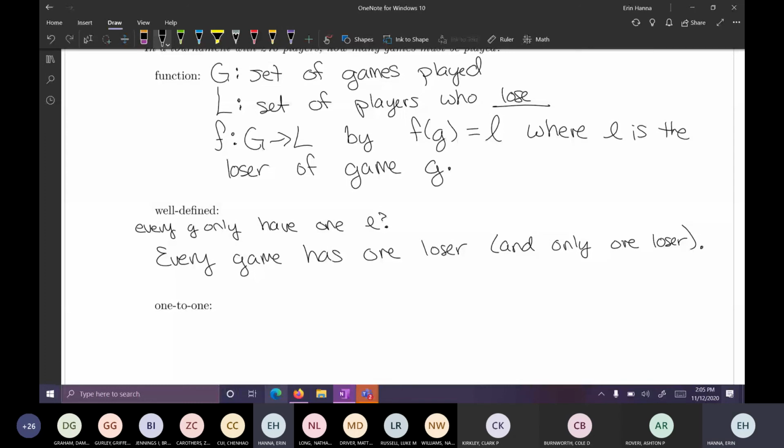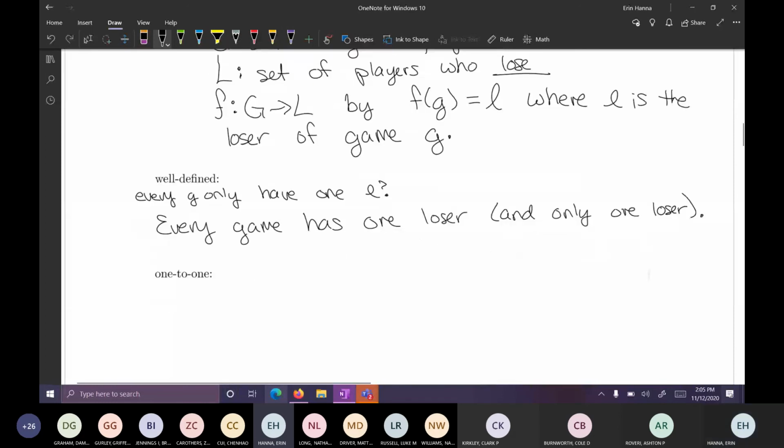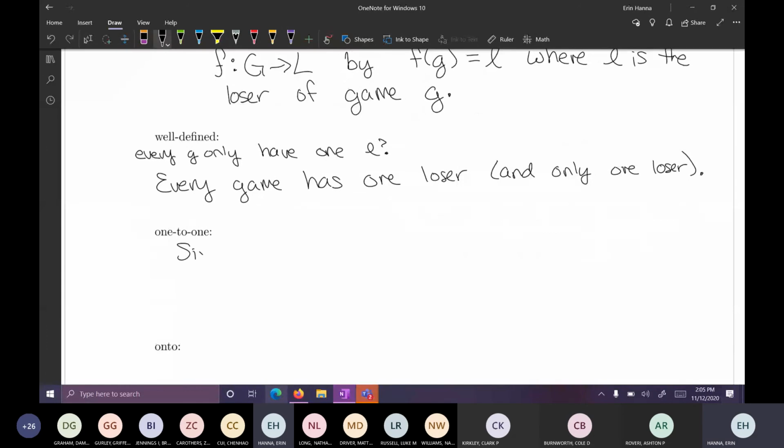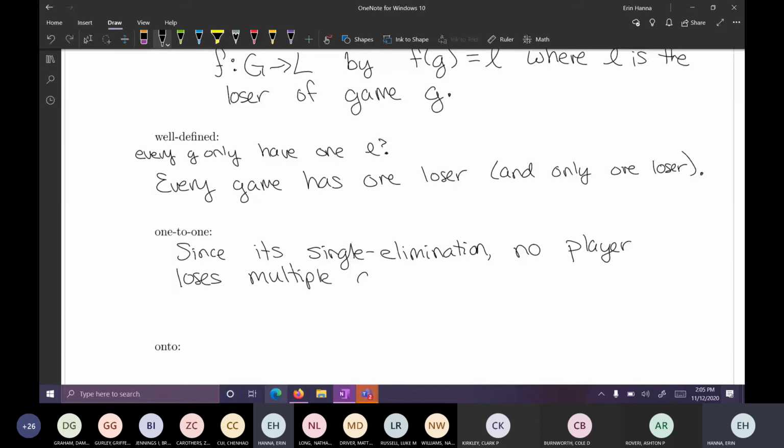Now if we want a one-to-one correspondence, we have to say it's one-to-one and onto. So is it one-to-one? Does every loser only come from one game? Yeah, because once they lose, they're out. So this is one-to-one. Since it's single elimination, no player loses multiple games. There's no loser that came from multiple games.